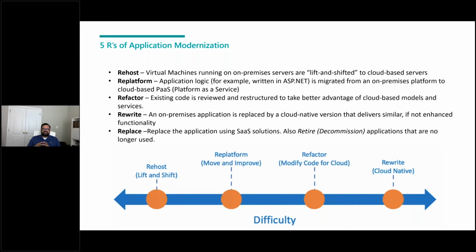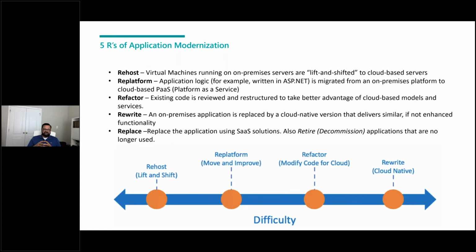The second thing could be replatforming, where you take the application and change some of those infrastructure services into PaaS services, which take care of some of the operational aspects of your application. You don't have to care for and mend your application infrastructure in that scenario.